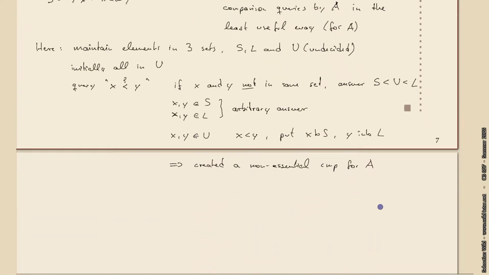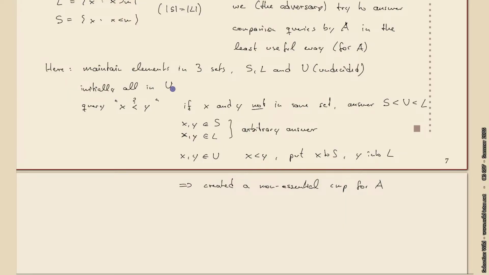And for the remainder, because every element starts initially in U, and we only move elements when we do this last step, for the algorithm to learn about the true median, well, we only reveal the median really at the very end if there's a single element left in U. And this is kind of automatic by the first case. If the algorithm is stupid enough to do comparisons where both elements are in S or in L, then it pays more, and we don't even charge it for that.